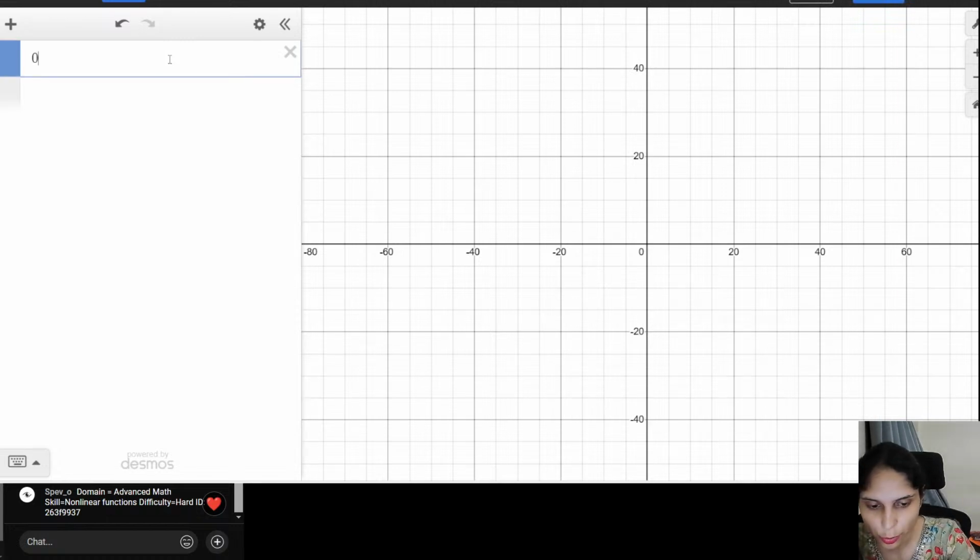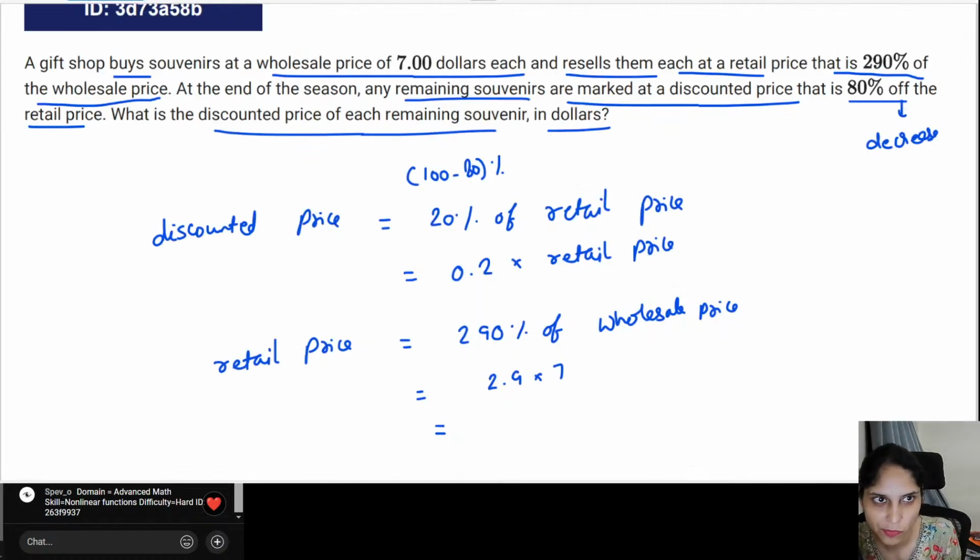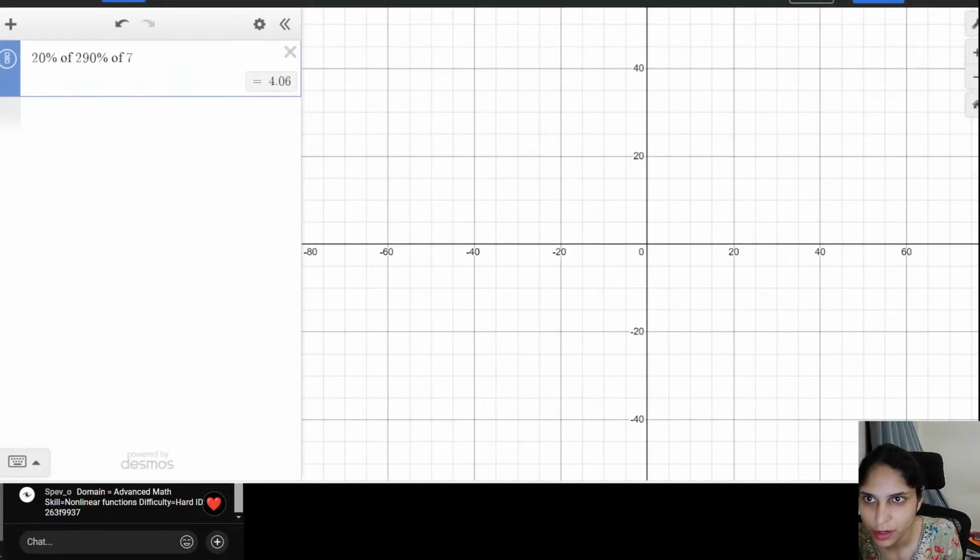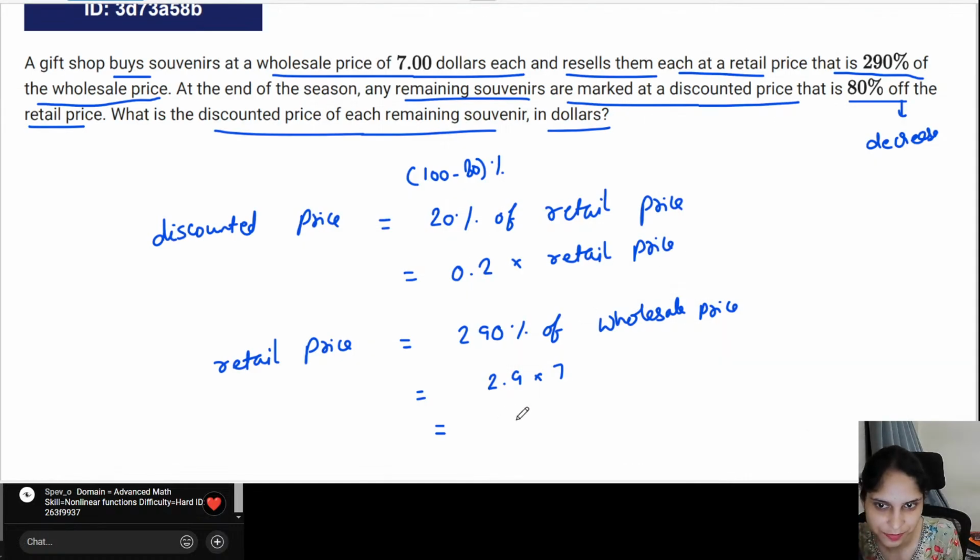So basically 0.2, or I can say 20% of 290% of 7. $4.06.